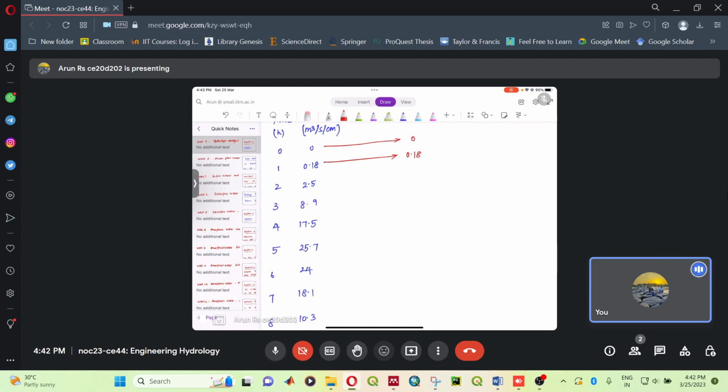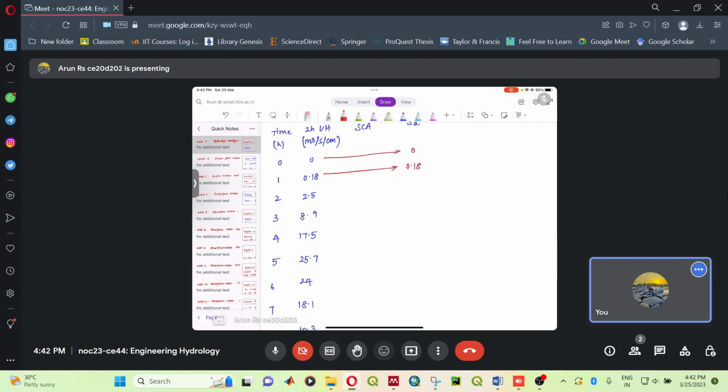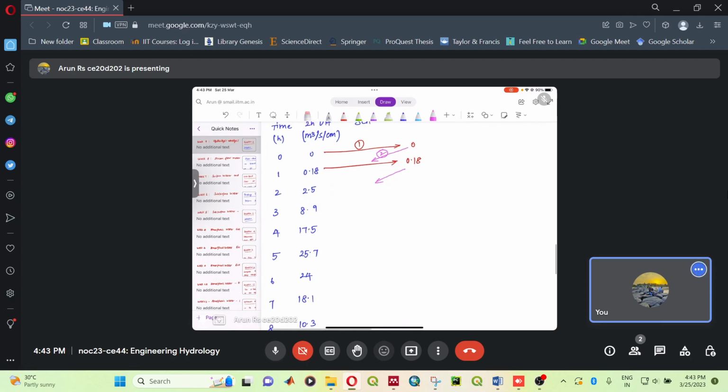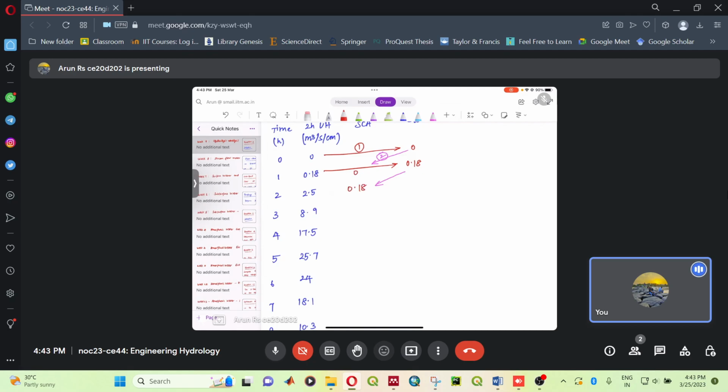Now what we have to do is, we need to bring these 2 ordinates into the, so I'll mark the steps first. So this is the first step and this is the second step. So we need to bring both the ordinates to this place, to the third column. So if I bring that, this will be 0 and this will be 0.18.